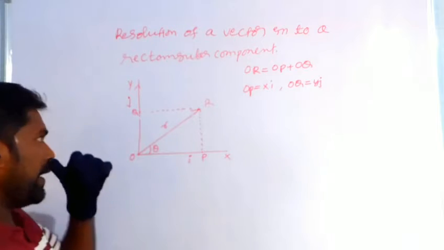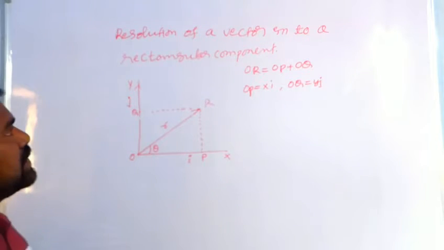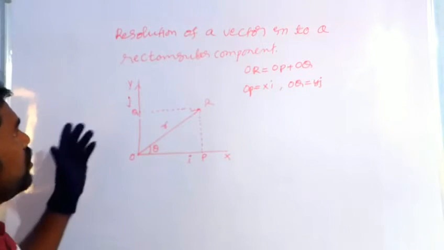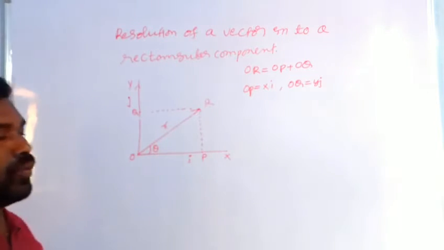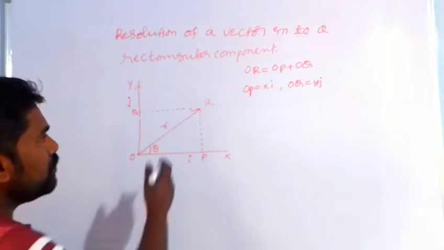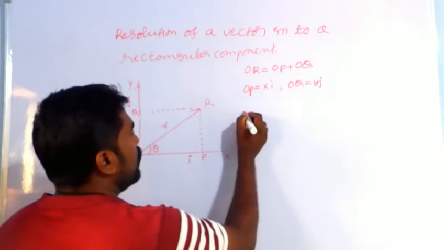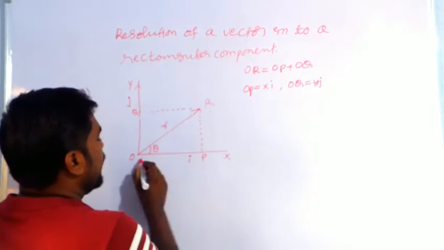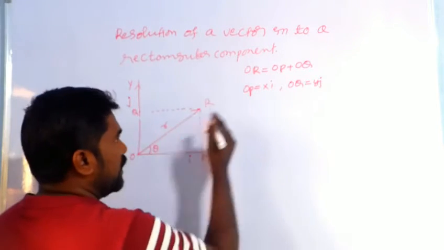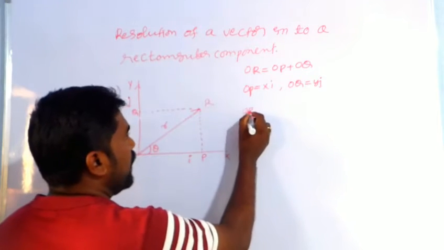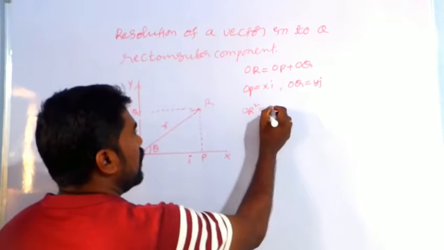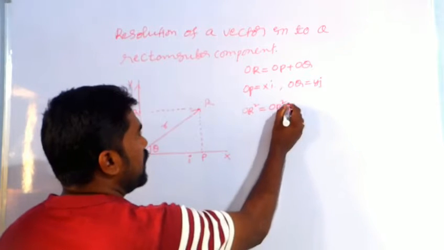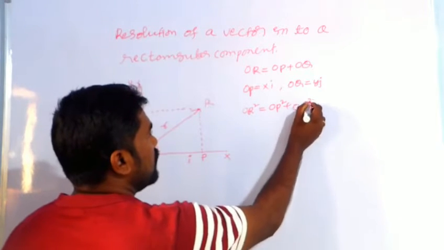Now we need to find the magnitude of the resultant vector. From the right angle triangle OPR we can write OR squared equals OP squared plus OQ squared.